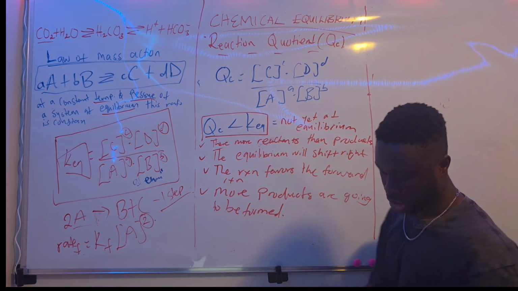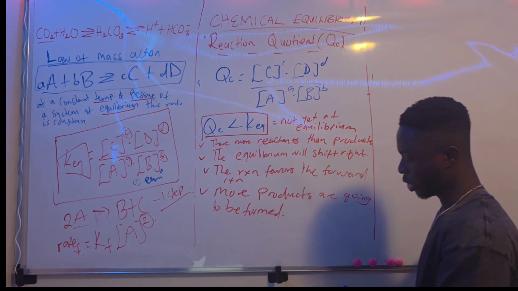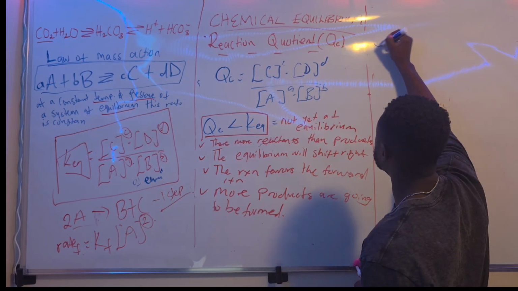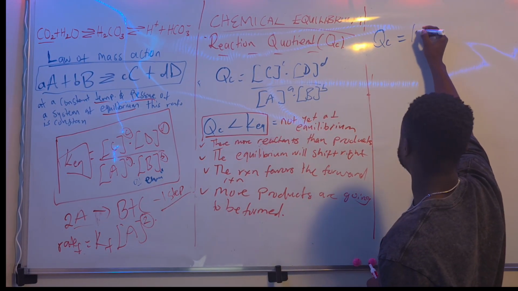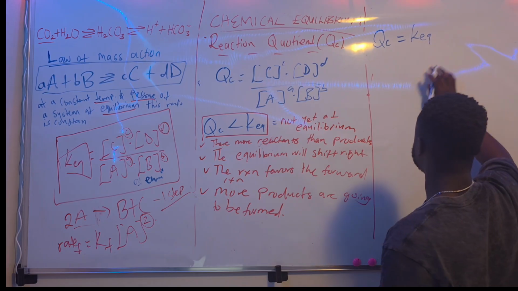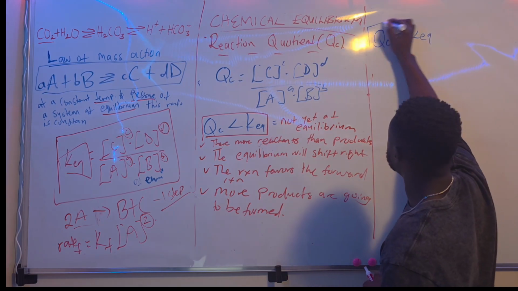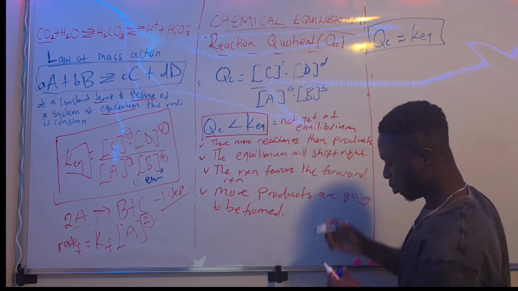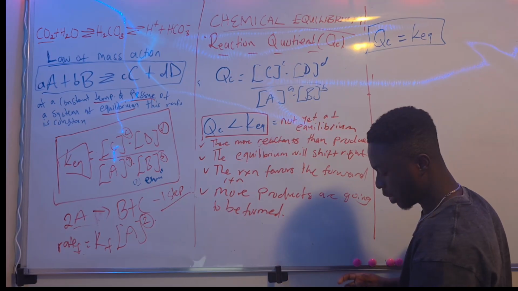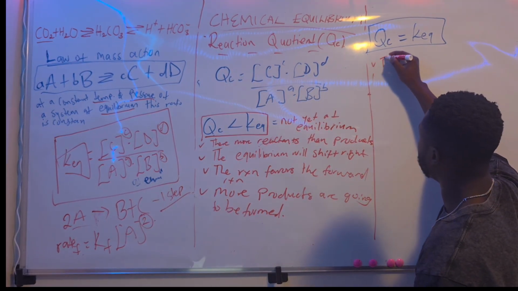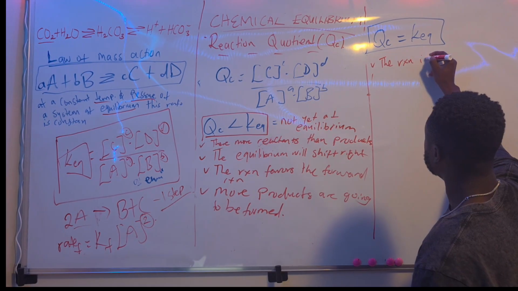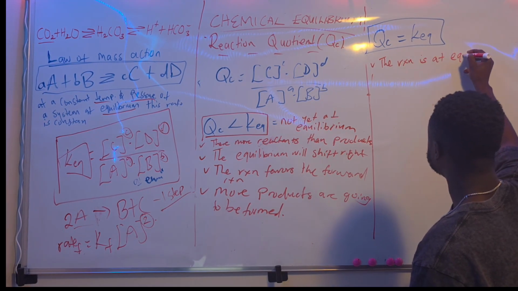Now you might also do some calculations where your QC is equal to Keq. When you find that your reaction quotient is equal to the equilibrium constant, the thing you should know is that the reaction is at equilibrium.